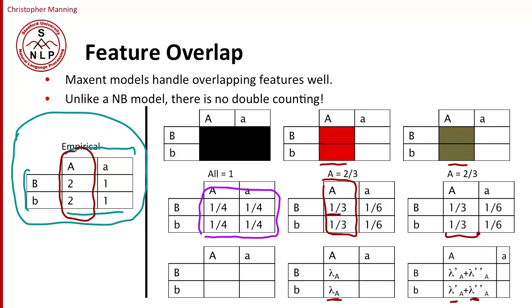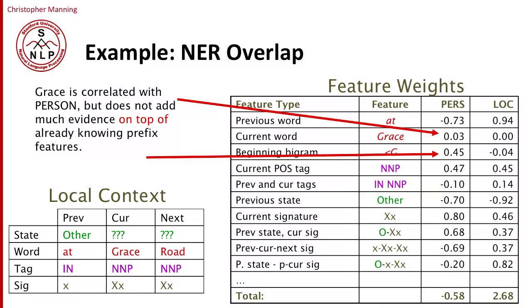And so what is going to happen actually is that the sum of lambda prime and lambda double prime is going to be the same as the value of the old lambda A, and we get exactly the same probability distribution right here. The effect of that in maximum entropy models is that features that duplicate the evidence of other features tend to not get much weight.